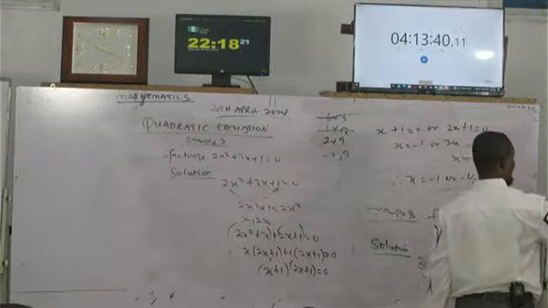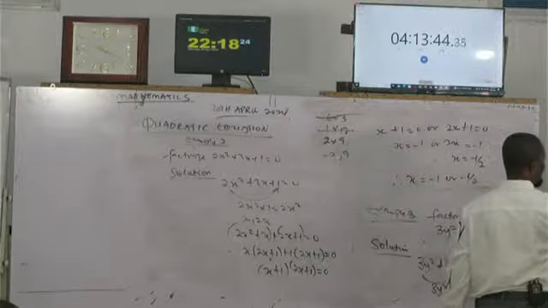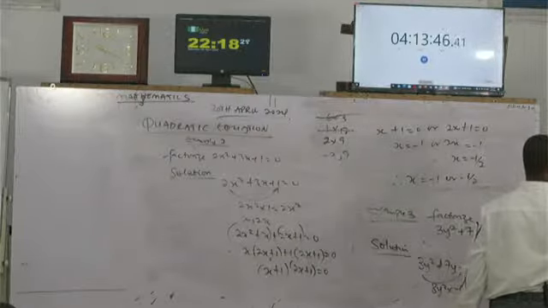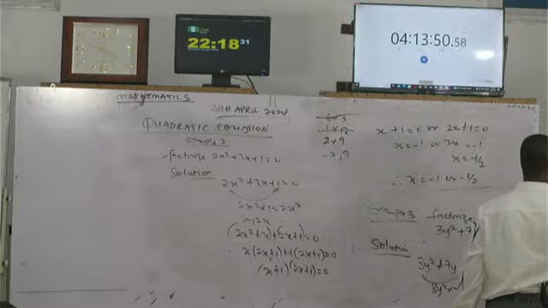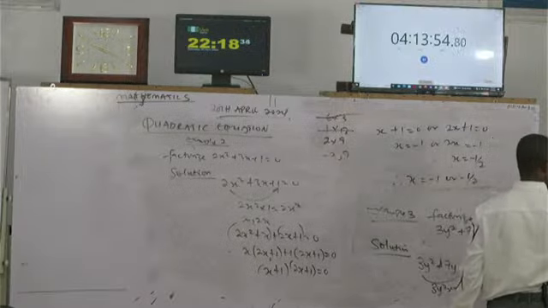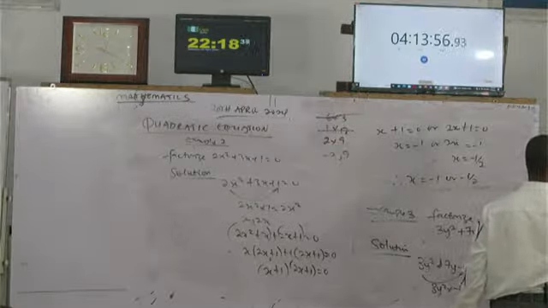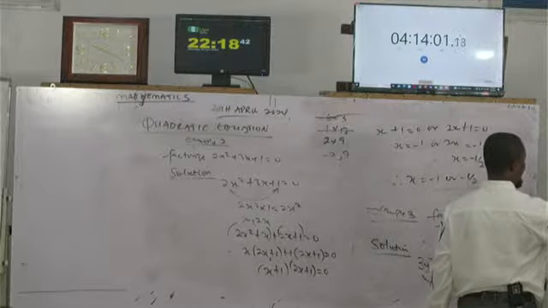So we are going to get what? 3y squared minus 2y plus 9y minus 6 equals, we now group them. What is common here? y. What's left?